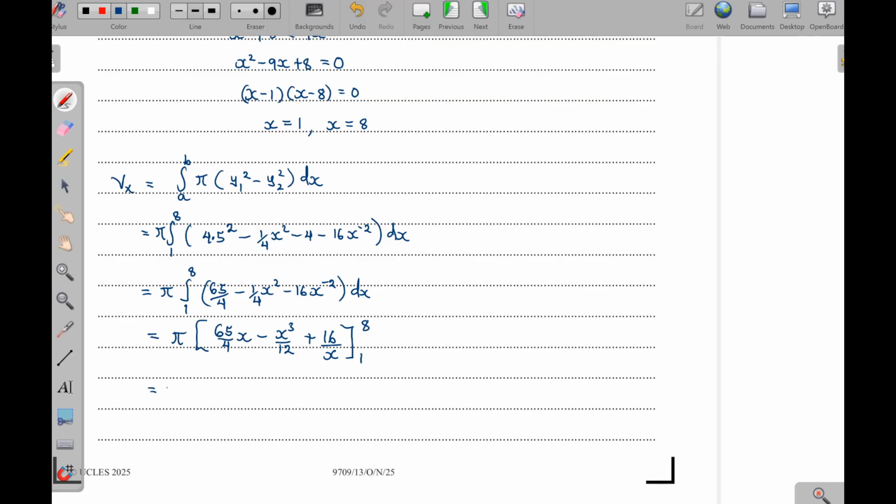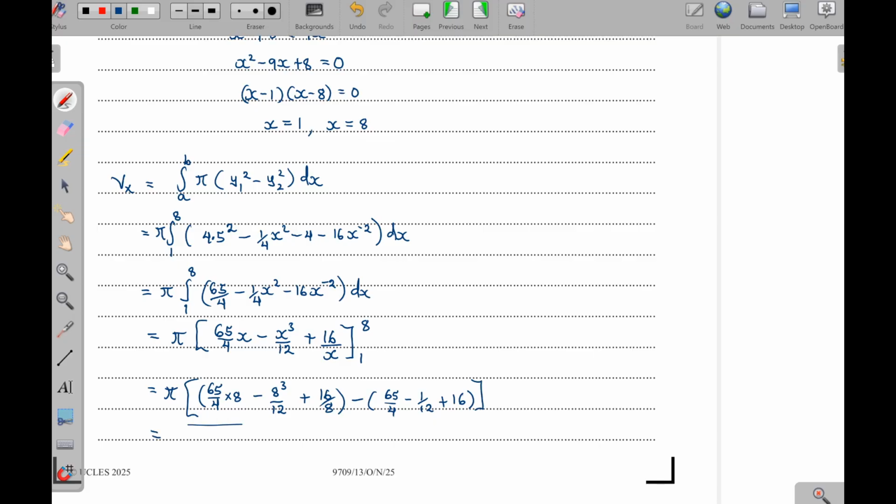Now let us put the limits. When we put 8, we shall have 65 out of 4 times 8. Now let me leave it like that. Then minus 8 cubed out of 12, then plus 16 out of 8. Then subtract, put 1, we have 65 over 4, minus 1 cubed, that is a 1 over 12, then plus the 16, like that.